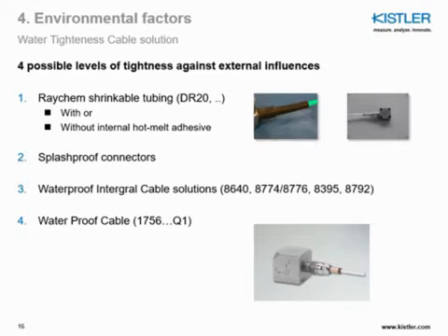You can also have examples of splash-proof or waterproof connectors. Then you have sensors that are completely waterproof, IP68, and tested under pressure, under water, up to 10 bars. If you really want to use a sensor underwater, that's the kind of certification you need.